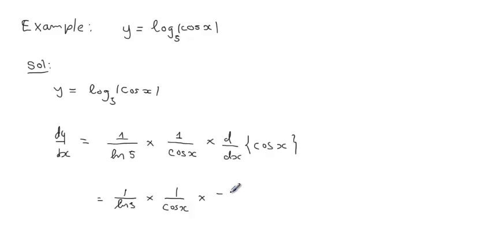Negative sine x. Then we can simplify that. I think that would be what? Sine over cos is tan, isn't it? So we've got a minus sign there, which is minus tan. So at the end of the day, we've got minus 1 over ln 5 multiplied by tan of x.